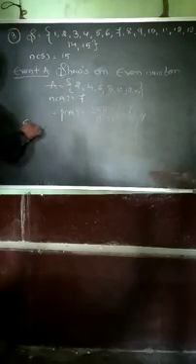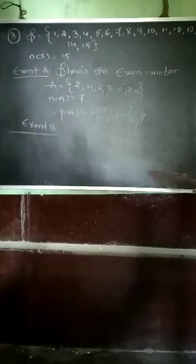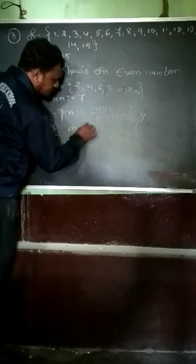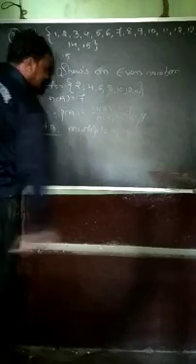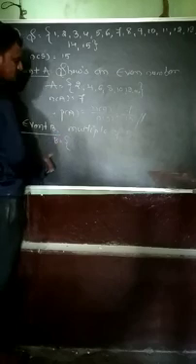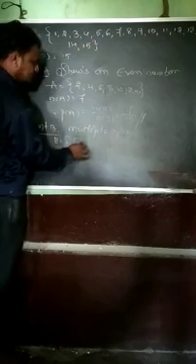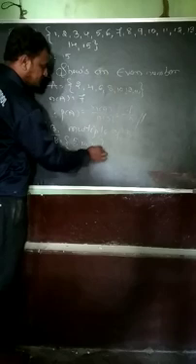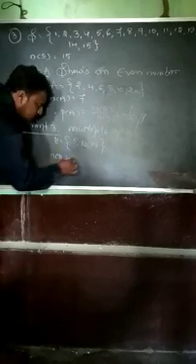Next, event B. See here, event B is given: multiple of 5, right? So the sample space of event B is equal to: how many multiples of 5 will there be? The terms of 5 are 5, 10 and 15, right? So n of B is equal to 3.